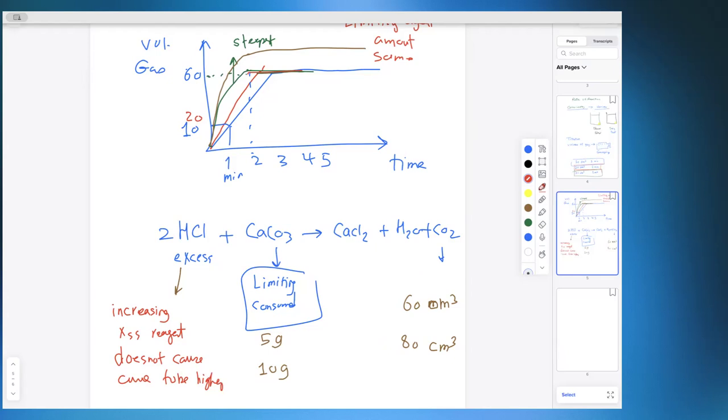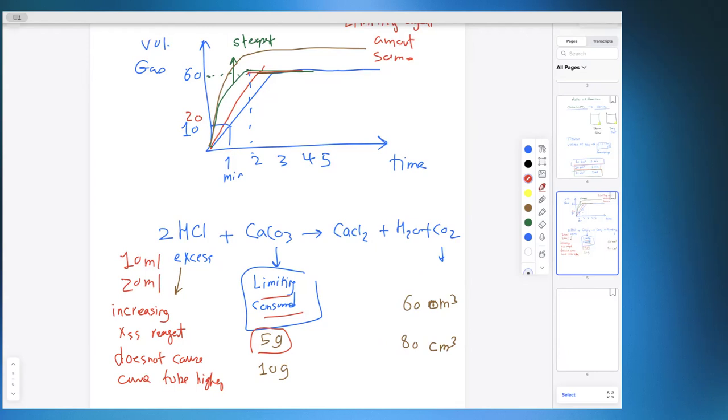Because you already finished your limiting reagent. What is the benefit of having more excess? If I added 5 grams and there is 10 milliliters, the reaction will stop. But if I added 20 milliliters, still the limiting reagent has finished. So there is no point in adding excess. Still the reaction has stopped.